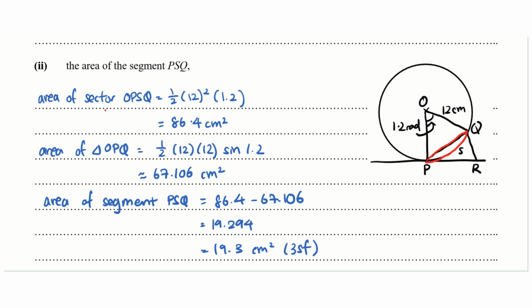To find the area of the sector, I use the formula half r squared theta, and to find the area of the triangle OPQ, I use half ab sine C. After getting the values, we will get the final answer to be 19.3 cm squared when rounded to 3 significant figures.